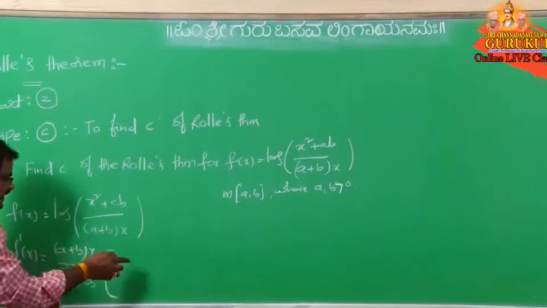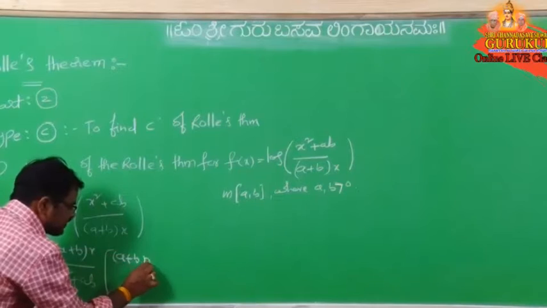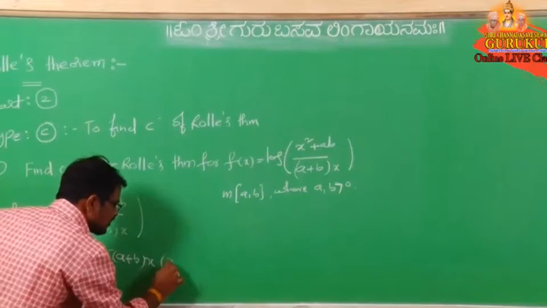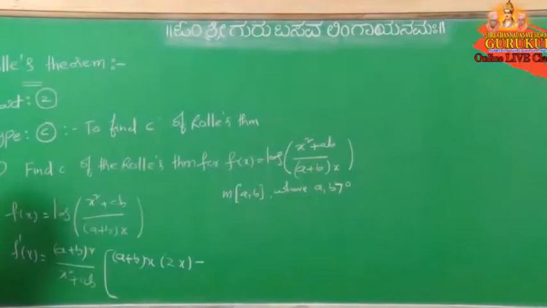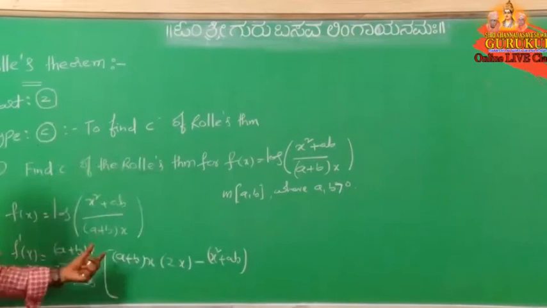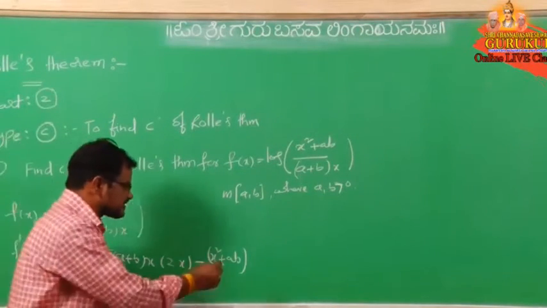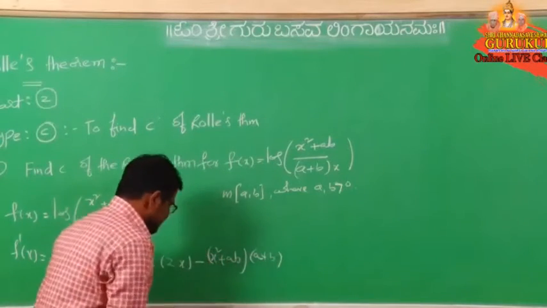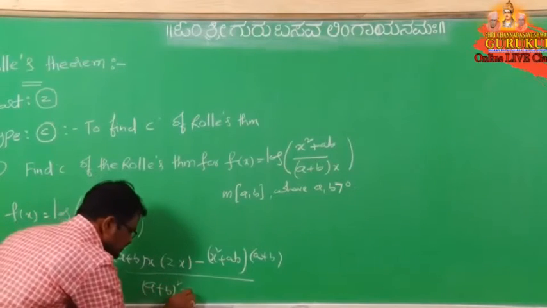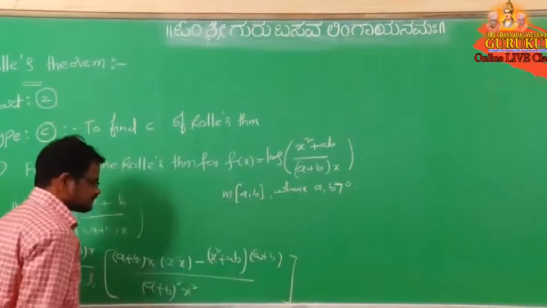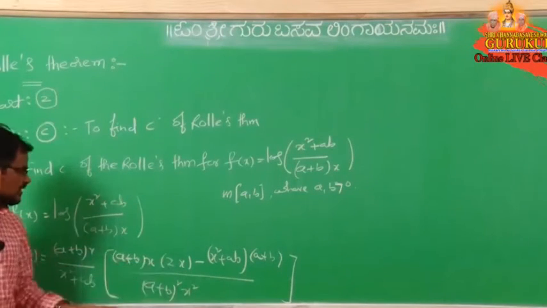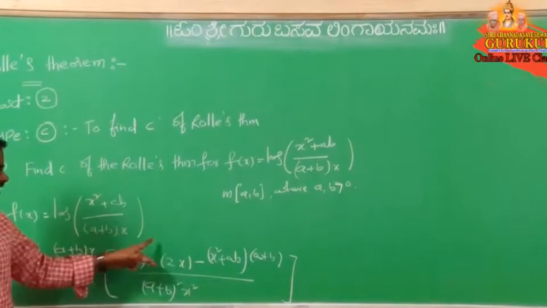Now, v into differentiation of u, which is (a plus b) into x times 2x, minus u times differentiation of v, which is (x square plus ab) into (a plus b), whole divided by denominator whole square, (a plus b) whole square and x square, right? That is v differentiation of u, 2x, minus u differentiation of v, a plus b.